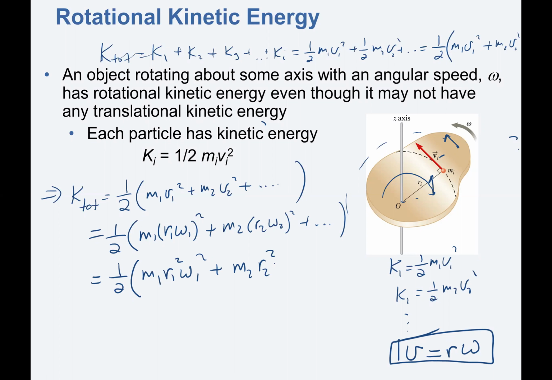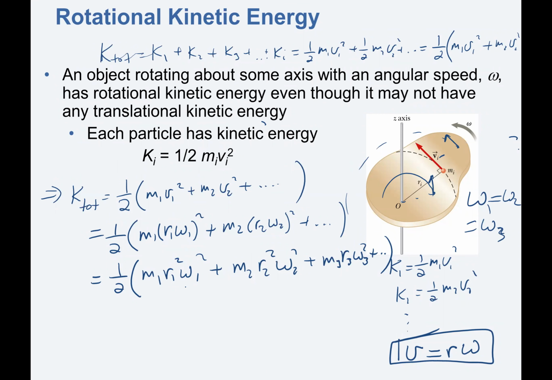So M2 R2 squared omega 2 squared plus M3 R3 squared omega 3 squared, plus all of those. But here's the thing. We just said that the angular speed for particle 1 is the same as the angular speed for particle 2, same as the angular speed for particle 3, and so on and so forth.